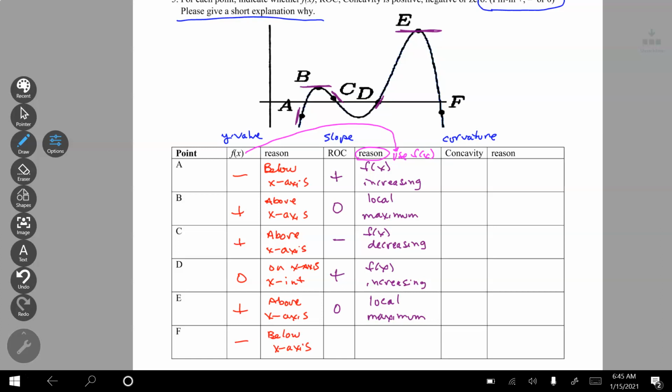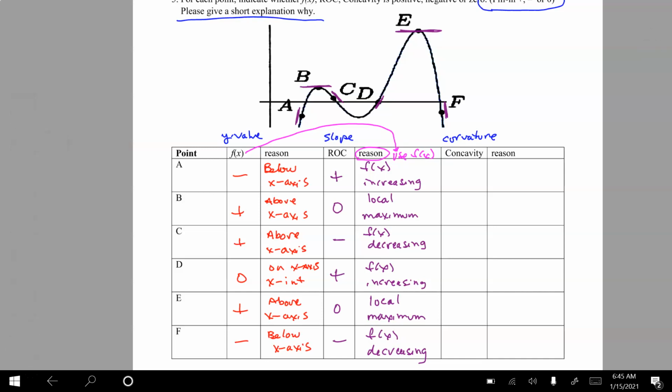And finally at F, I have a really steep negative slope because my function is decreasing there. Okay, so not only are we telling what we have, either a positive or negative rate of change, I'm giving a reason why. And like I said before, they all match up. Positive ROC means my function is increasing.